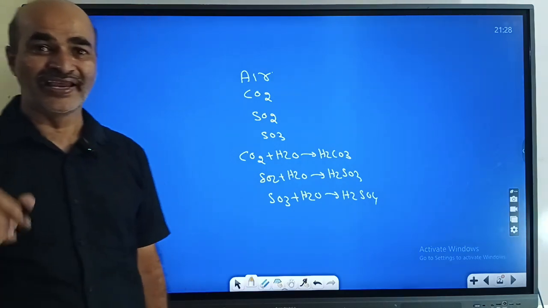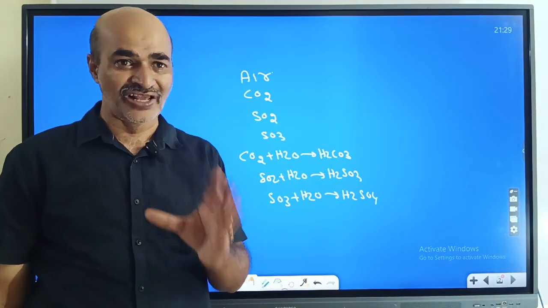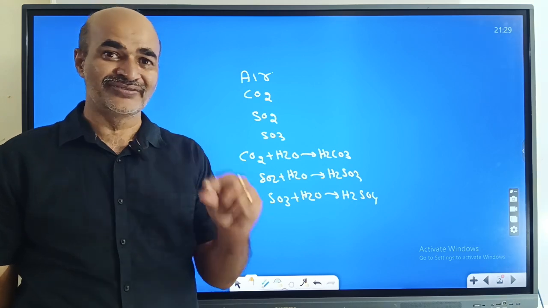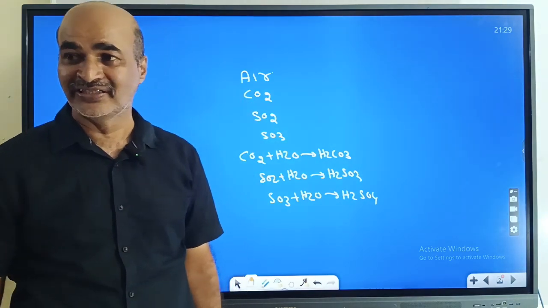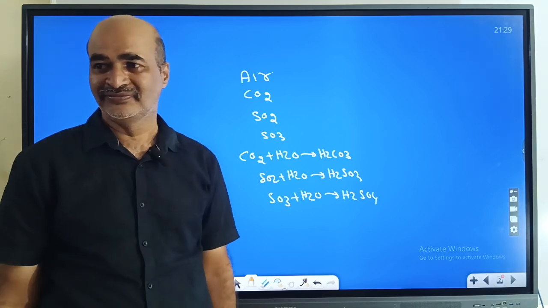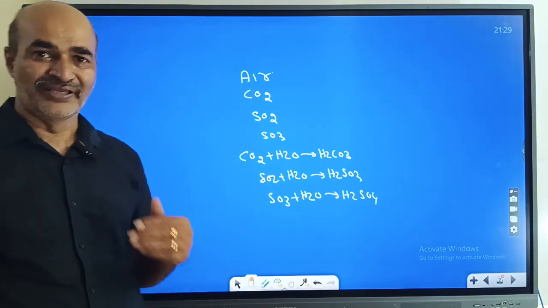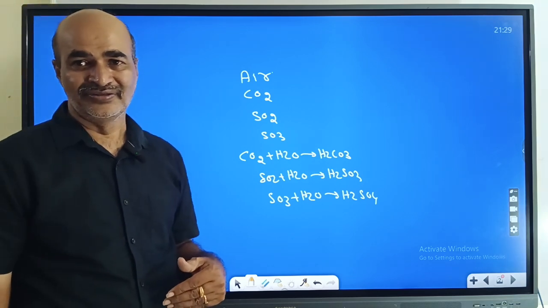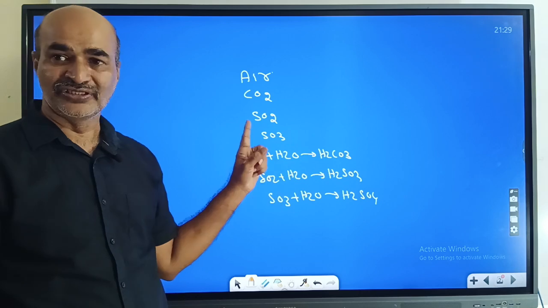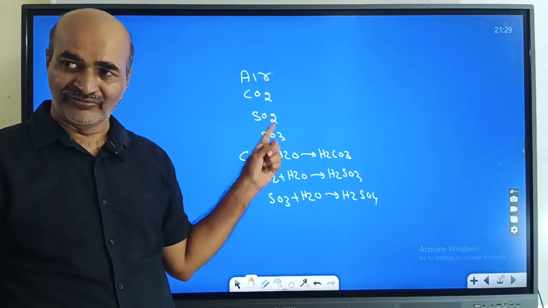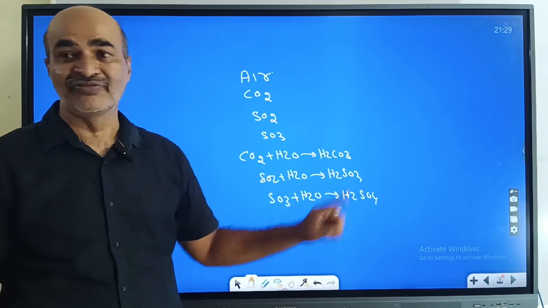So rainwater has dissolved gases. Why? Some gases are already present in the atmosphere: carbon dioxide, sulfur dioxide and sulfur trioxide. During rainy seasons, these gases dissolve in water and form carbonic acid and sulfuric acid.